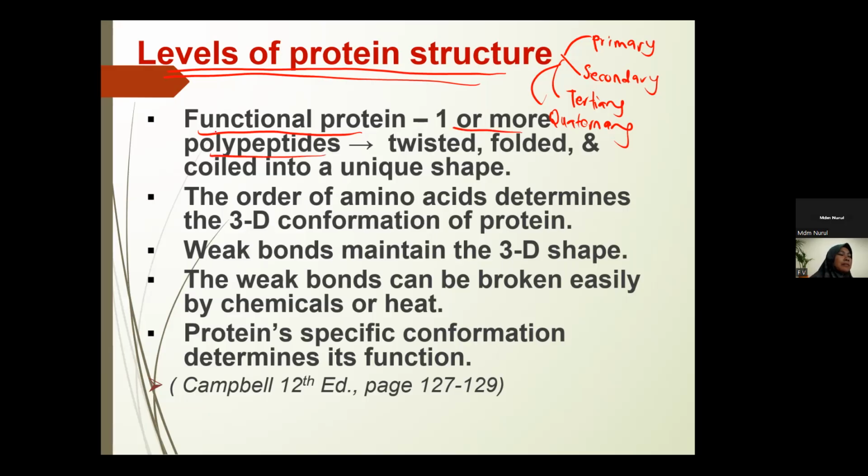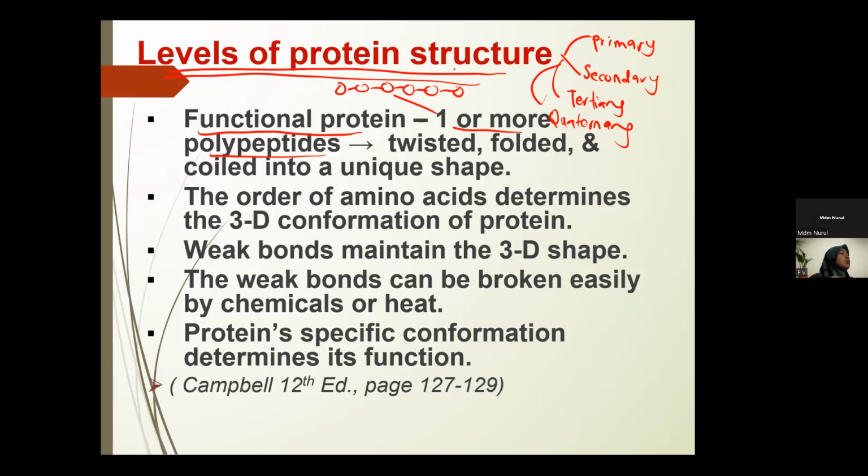So, functional protein have one or more polypeptides. Apa maksud ayat ni? Functional protein mempunyai satu atau lebih polypeptide. Apa maksud polypeptide ya? Gabungan atau rantaian panjang amino acid. Itu kita panggil polypeptide. Kalau satu macam mana? Amino acid gabung, amino acid gabung, sampailah 100 ke 1000 ke.